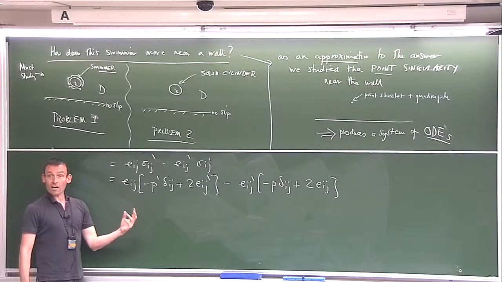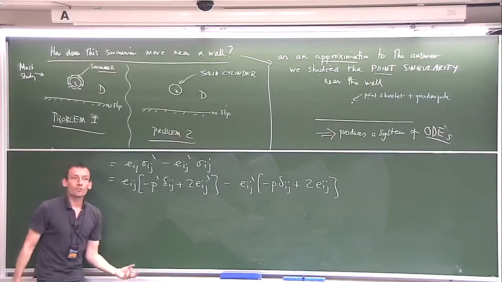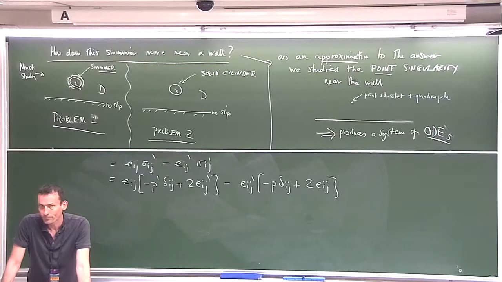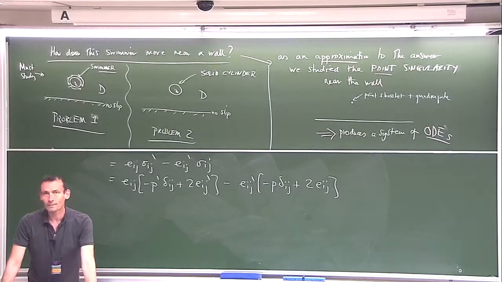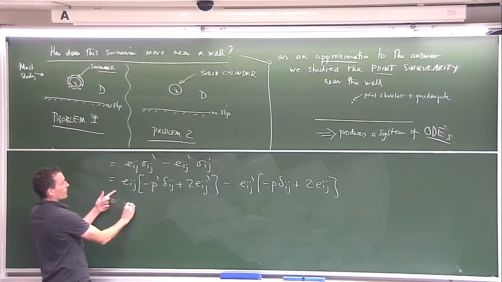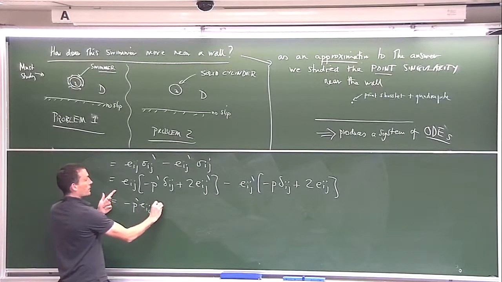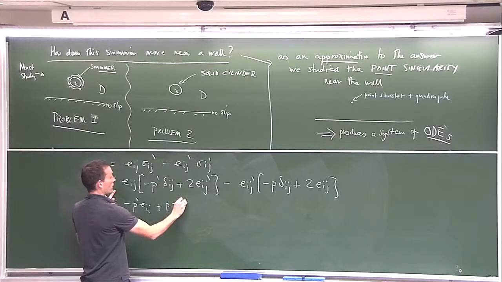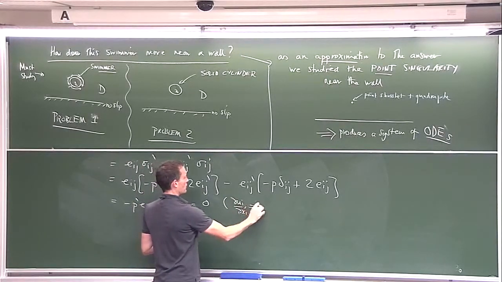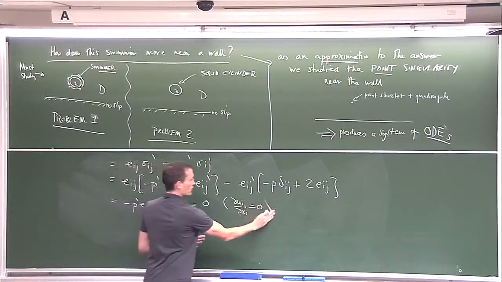Well, that's just Eii, which is div u, which is 0. Isn't it beautiful? See, so this is basically minus P prime Eii plus P Eii, which is 0, because dui by dxi. Similarly for the prime.